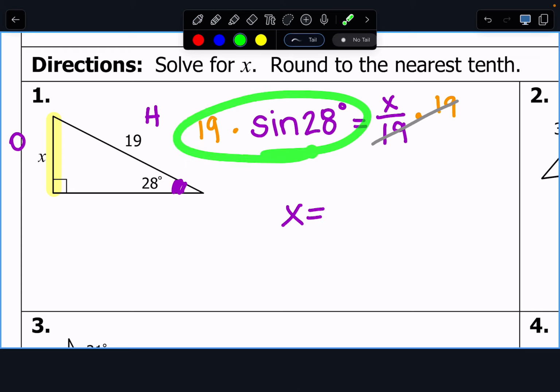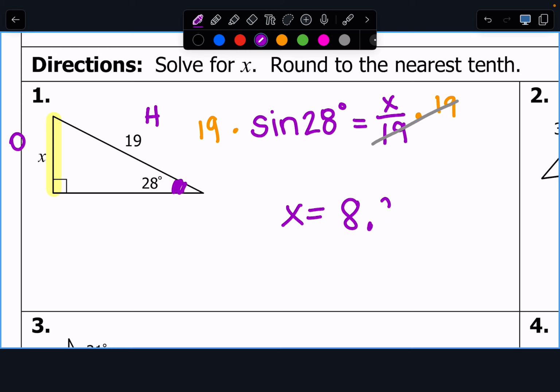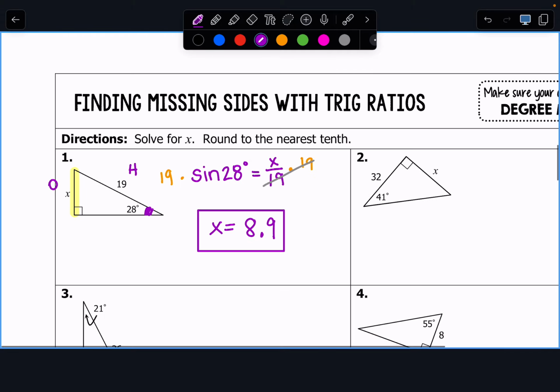And we're going to round to the nearest tenth, 1 decimal place.